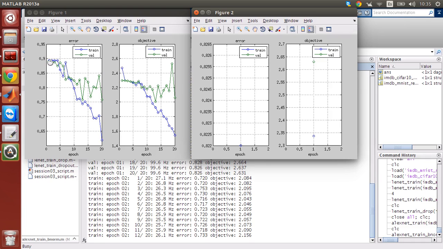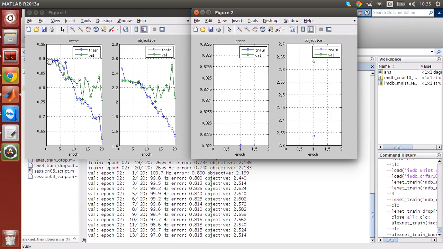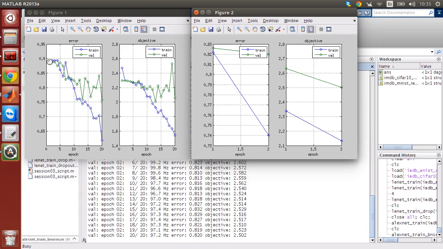Let's wait for the second epoch to compare. Yeah, and it moved all the way down to 74%.